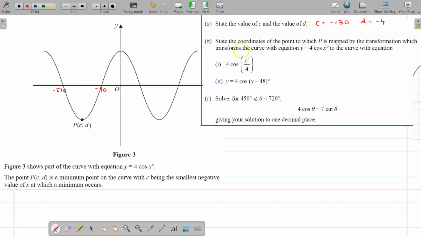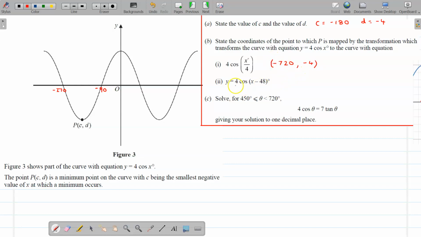Now, in question B, we're applying some transformations to our function 4 cos x. And this time we're dividing x by 4. This has the effect of stretching the function by a factor of 4 from the y-axis. So instead of being at -180, it's now -720, 4 times further away, and that stays as it was.